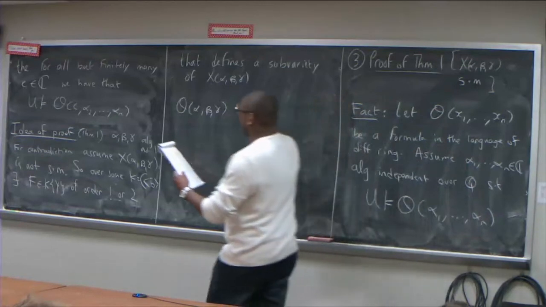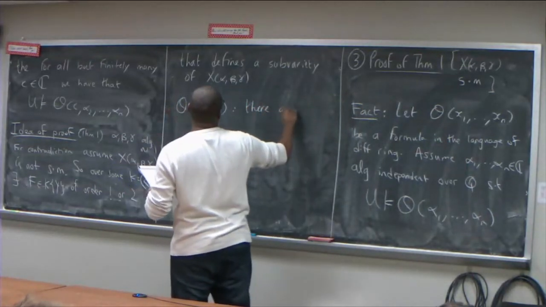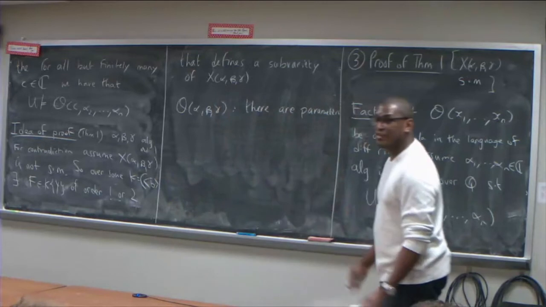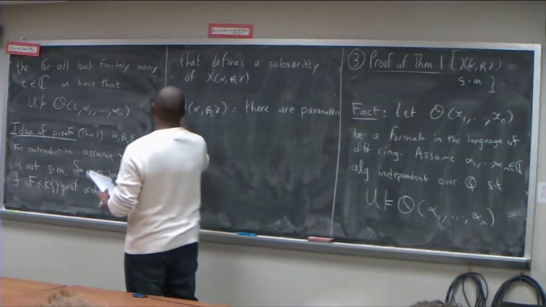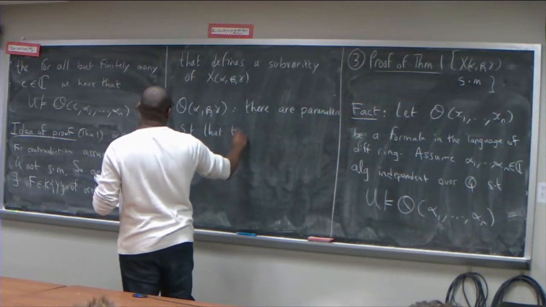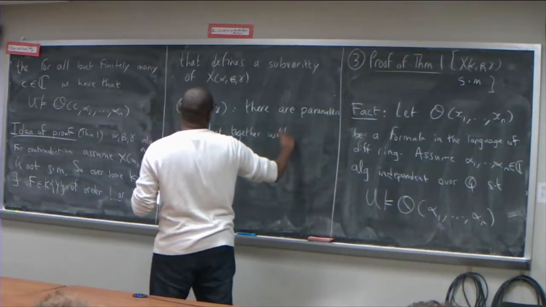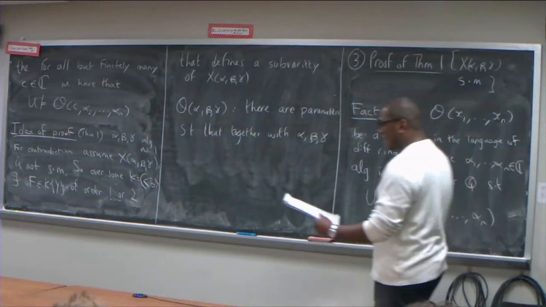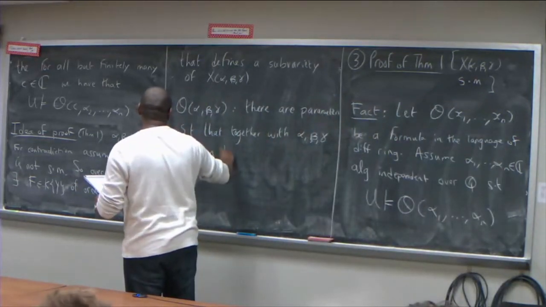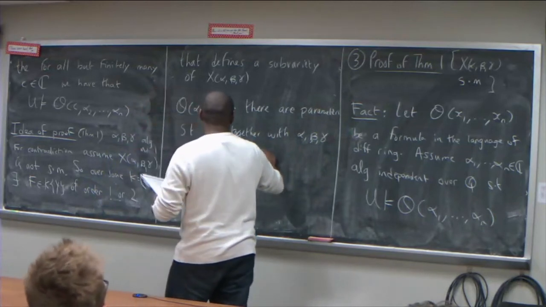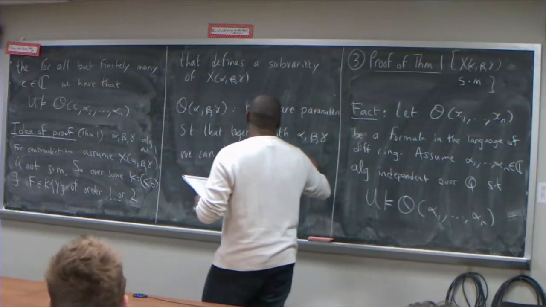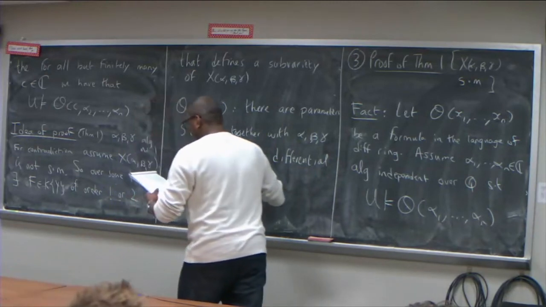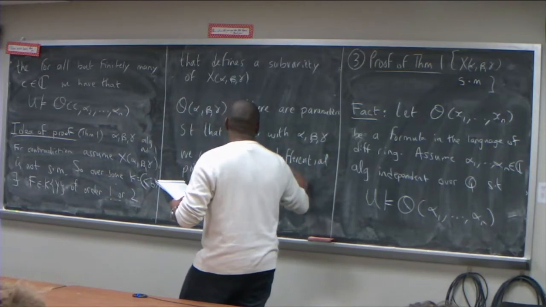It's simply going to be the sentence that says there are parameters, different than alpha, beta, gamma, such that together with alpha, beta, gamma, so you see the formula talks about alpha, beta, gamma, we can define a differential polynomial of order 1 or 2.